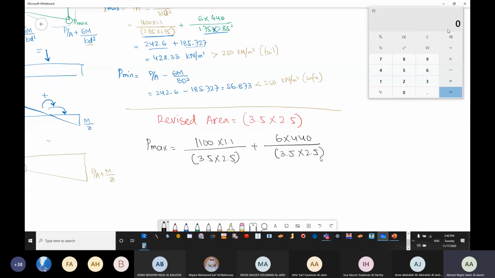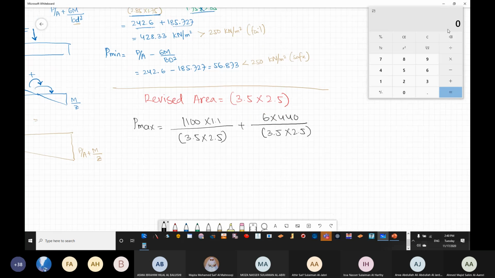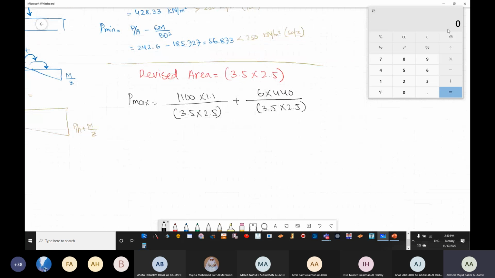The only difference is going to be in the area. So how much is P max? Give me the value, the first value. The first value is how much? 138.